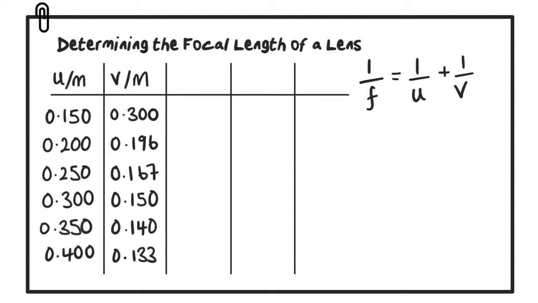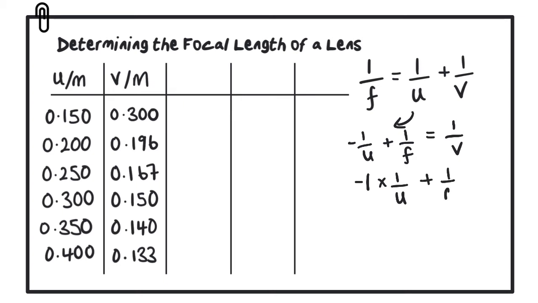So first I'm going to bring the 1 over u to the other side where it will become a minus. So we have minus 1 over u plus 1 over f is equal to 1 over v. Next, I am going to split up the minus 1 over u because that's the same as minus 1 multiplied by 1 over u, plus 1 over f is equal to 1 over v.